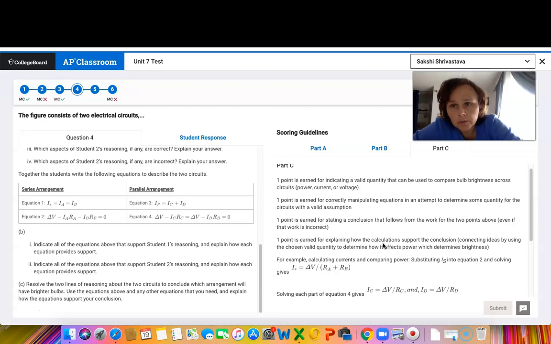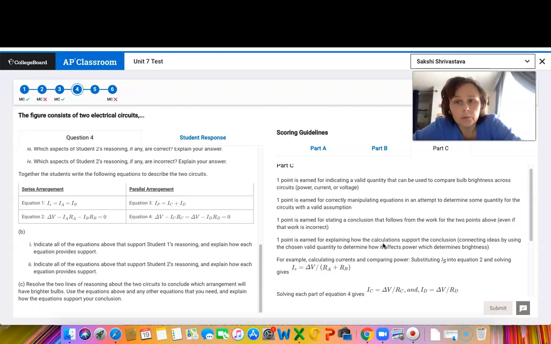And in order to do this, you have to first state that the brightness of the bulb can be described by the power, by the rate of dissipating of energy that goes through the bulb. Then you have to explain, okay, how can we compare the power in two different circuits if we have different currents there, right? What can we do to compare them equally? We know they have the same resistances.